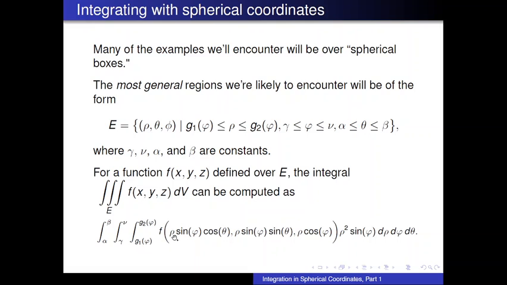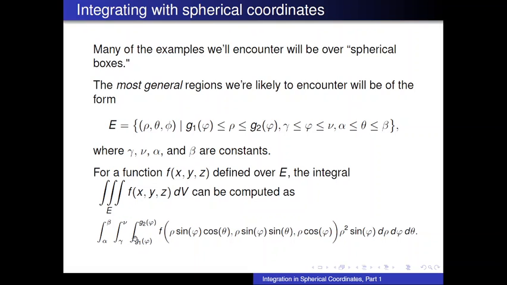Our function will need to convert, so f of x, y, z becomes f of rho sine phi cosine theta, rho sine phi sine theta, and rho cosine phi. That's x, y, and z in spherical coordinates. And then remember, we have to multiply our integrand by the Jacobian matrix determinant, rho squared sine of phi.